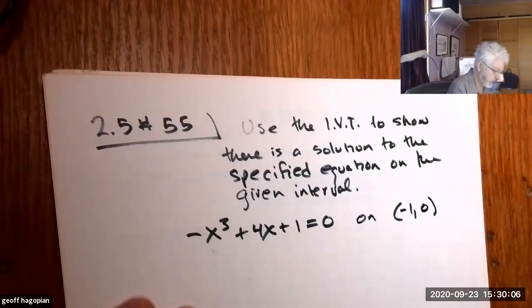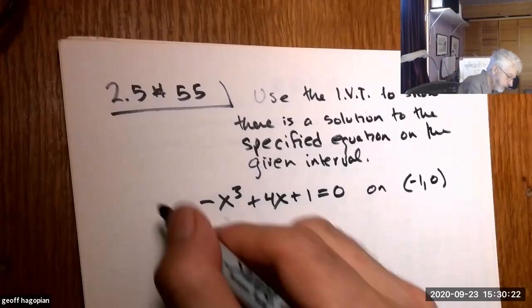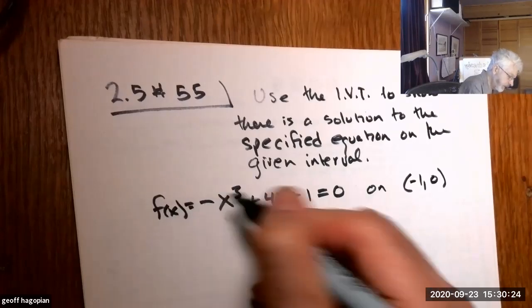But we notice that, first of all, you have to establish the premise of the intermediate value theorem, which is f is continuous on some closed interval, right? Well, here f is a polynomial. So shall we call this f?